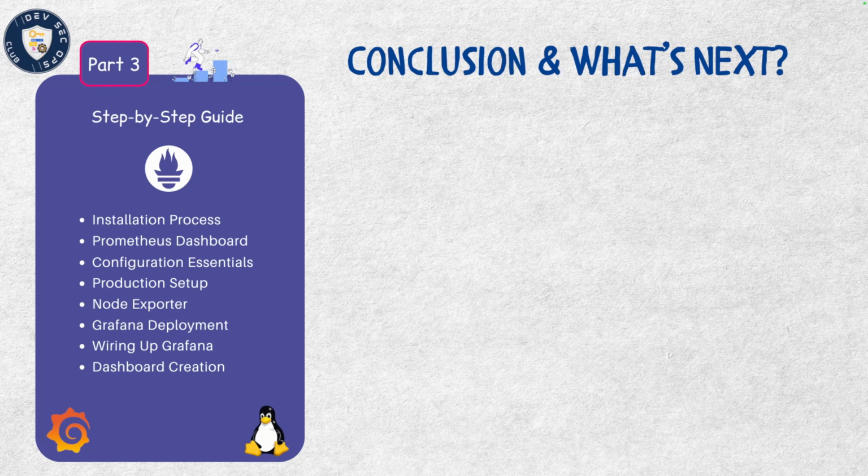But I would say Prometheus was not meant for visualization, it's for metrics collection, and that's where it shines. Then we also understood the Prometheus YAML file. We installed Node Exporter and Grafana, integrated them, and created a very beautiful dashboard as well. So that's what we learned.